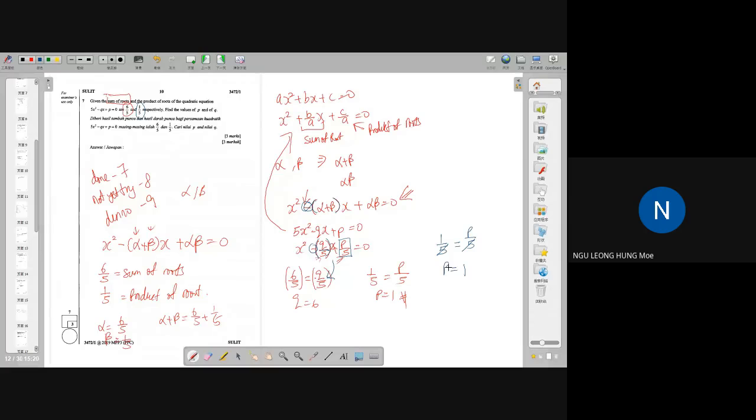Sikit-sikit ke langsung tak tahu? Sikit-sikit. Okay. Yang ini faham tidak?